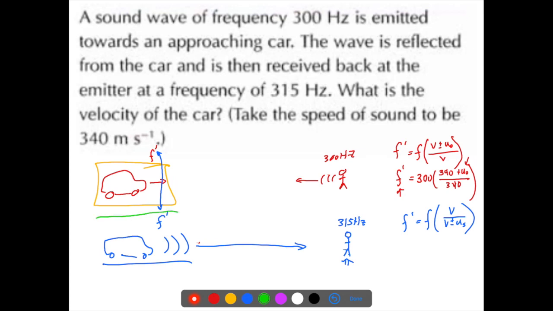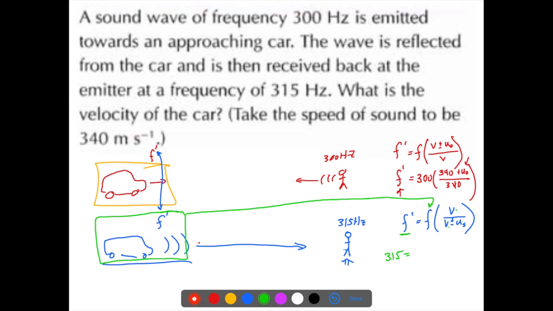Now, be careful, because this F prime is now the frequency that is being created. That's now the source. And so that is going to go here. The frequency at the observer is 315, and the velocity, of course, is the velocity of sound.